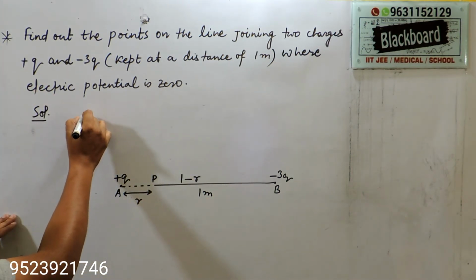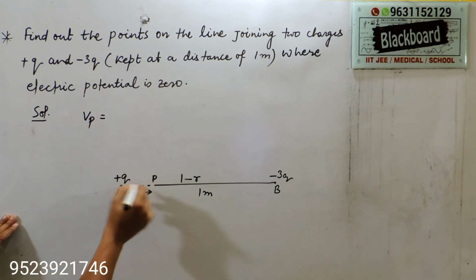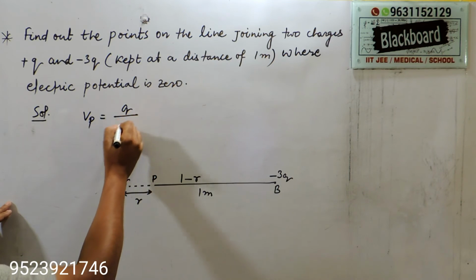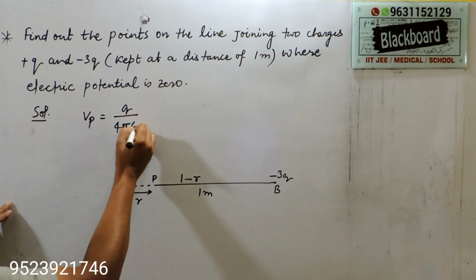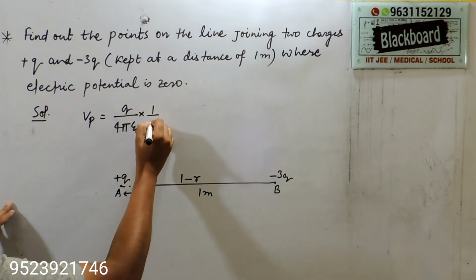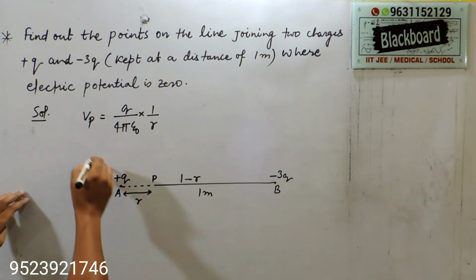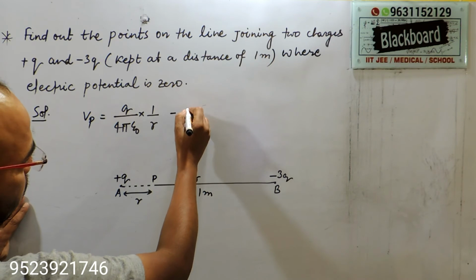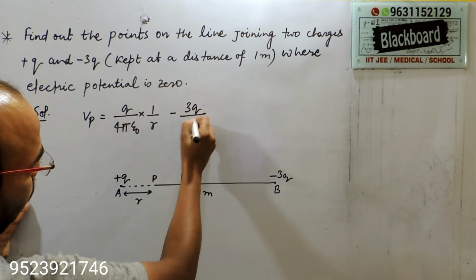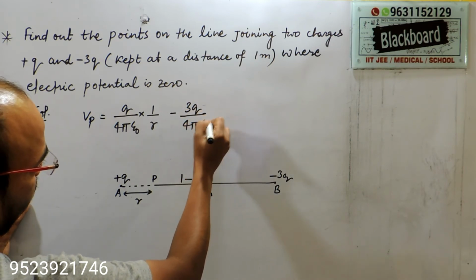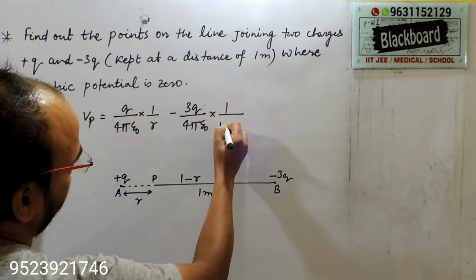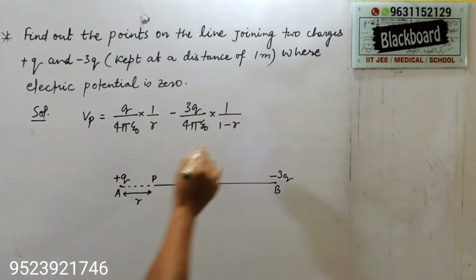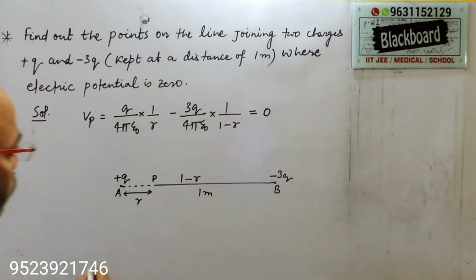So you can write Vp, the potential due to the first charge, which is the positive charge, is Q by 4 pi epsilon naught into 1 by R. And the potential due to the negative charge is minus 3Q by 4 pi epsilon naught into 1 by 1 minus R, and this is equal to 0.